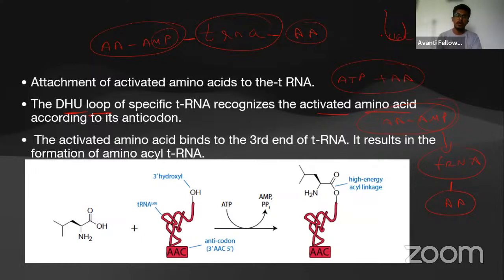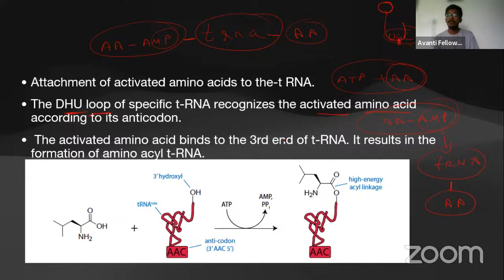So this is a codon, and this is an anticodon. Based on this anticodon, the DHU loop will recognize which amino acid this code codes for. So it brings about this amino acid, and it will make sure that the tRNA carries that specific amino acid.